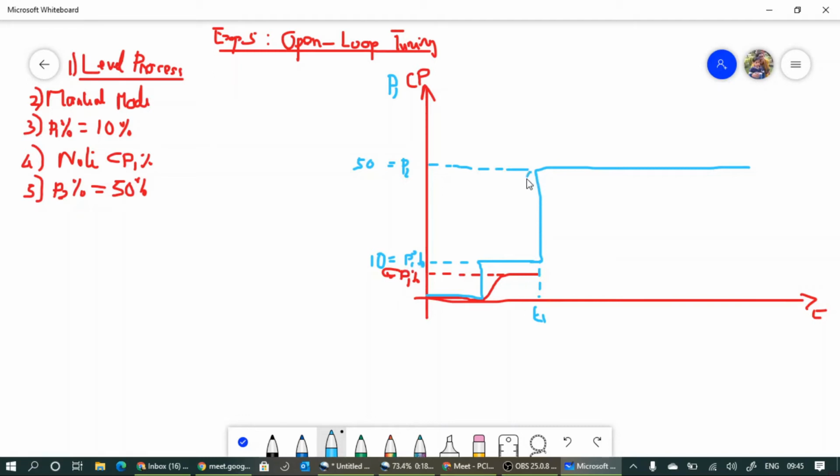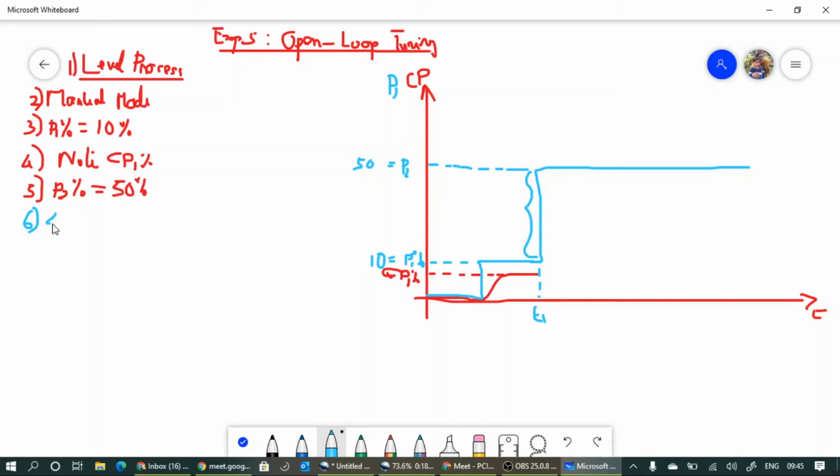This is the step size, and that step size is nothing but 50 minus 10, that is 40. You have to note that value also, the change in manual control output. From the process point of view, that is the input.